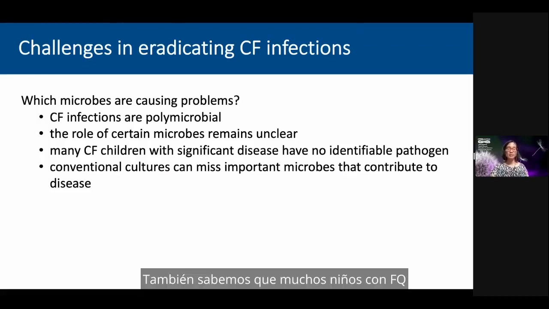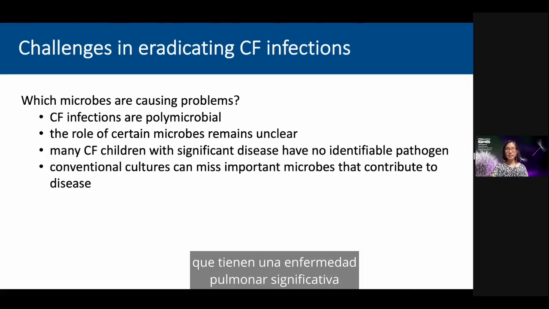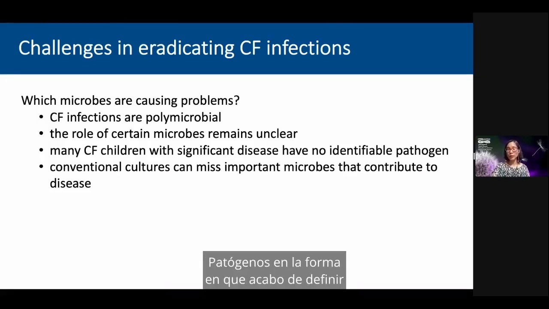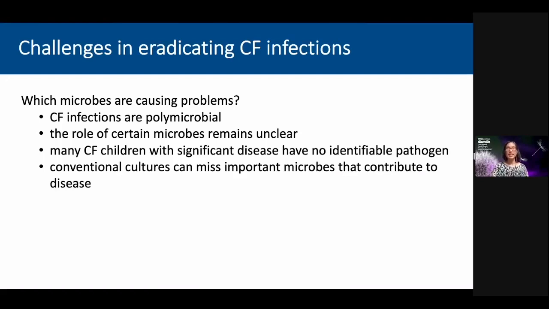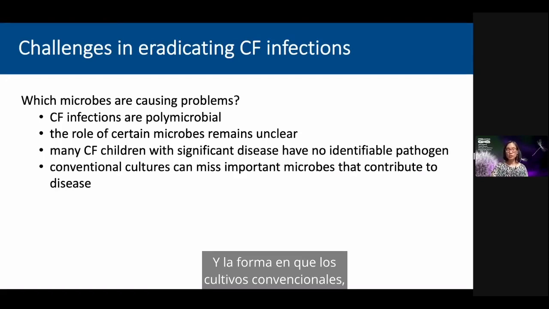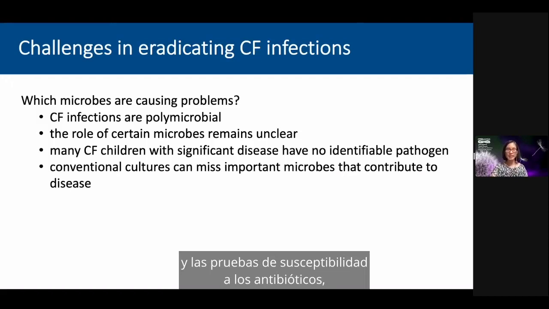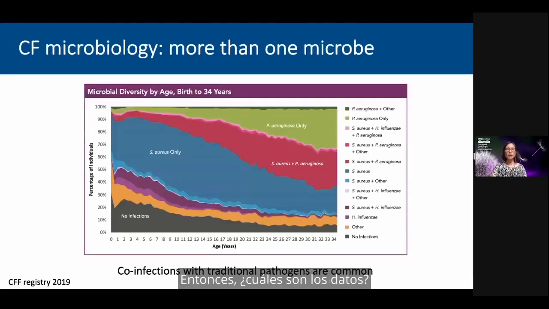We also know that many CF children who have significant lung disease may not have identifiable pathogens in the way that the clinical lab classically defines them. Conventional cultures, which I've just outlined with the plates and the antibiotic susceptibility testing, can miss important microbes that contribute to disease. So what is the data? Here I'm giving you a glimpse of a tremendous amount of work over years by the CF microbiology community.